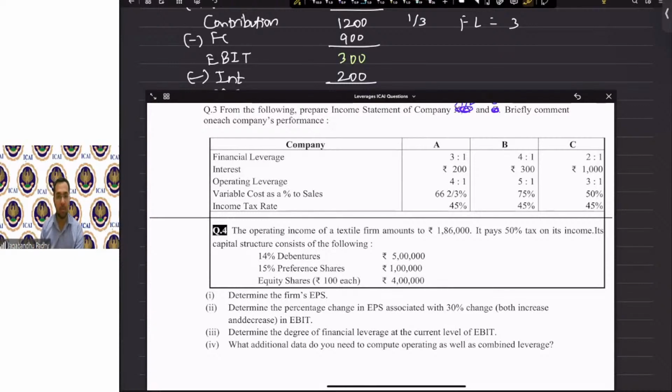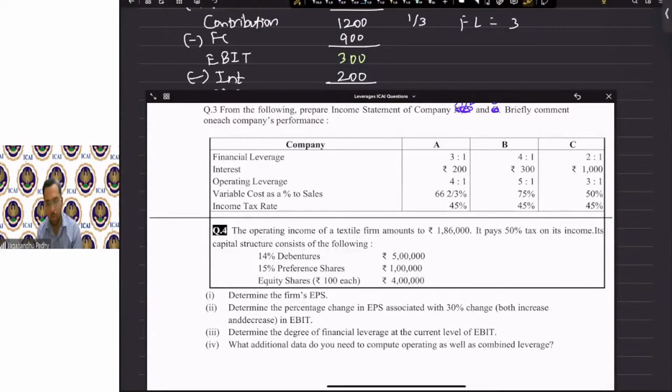Write down the numbers for company B and C, guys, quickly. Okay, I think this is quite a good amount of time to copy the numbers.